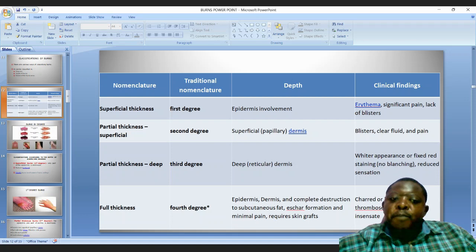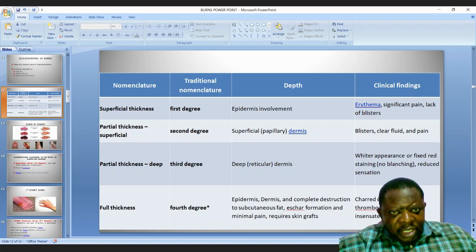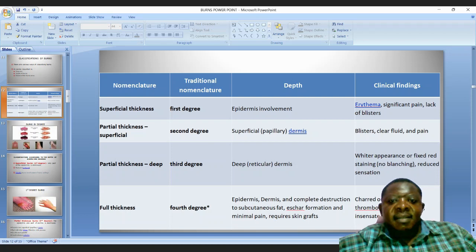But when you talk of partial thickness or superficial burns, according to the traditional nomenclature, these are second degree burns. When we talk of superficial partial thickness, the depth affects the top part of the dermis, the superficial part of the dermis.